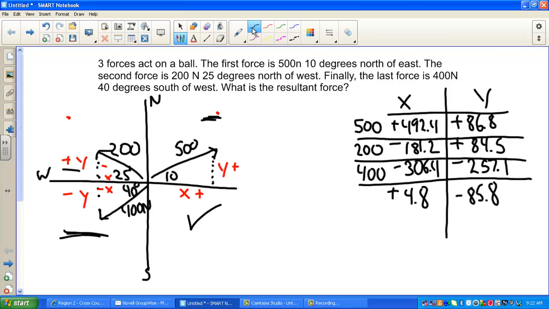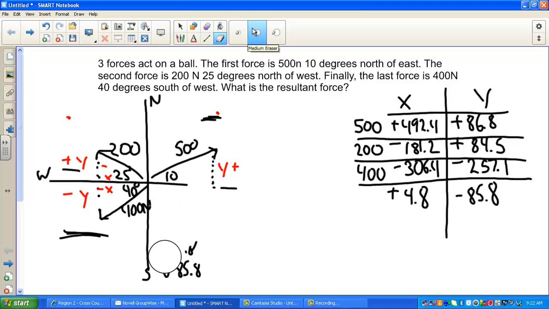All right? So now that I know that, what I'll do is simply need to figure out what the result of this is. So I know I have an x value of 4.8 and I have a y value of 85.8, something like that. I'm going to use a triangle. Let me erase this.